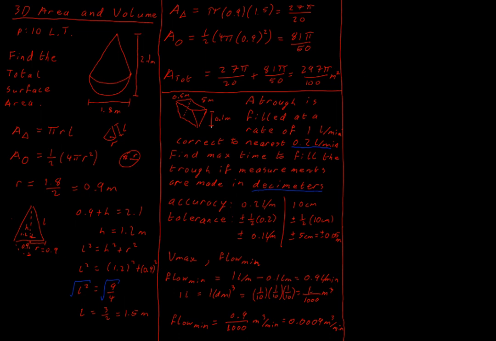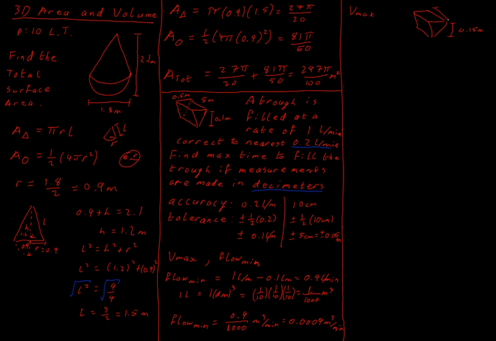Now we need to figure out what our maximum volume is. How big could that trough possibly be based on the accuracy of the measurements that we have been given? So volume max. Well, let's redraw our object here. I have drawn the first triangle a little bit high there. So our maximum height would be 0.1 meters plus our 5 centimeters, so that would be 0.15 meters.